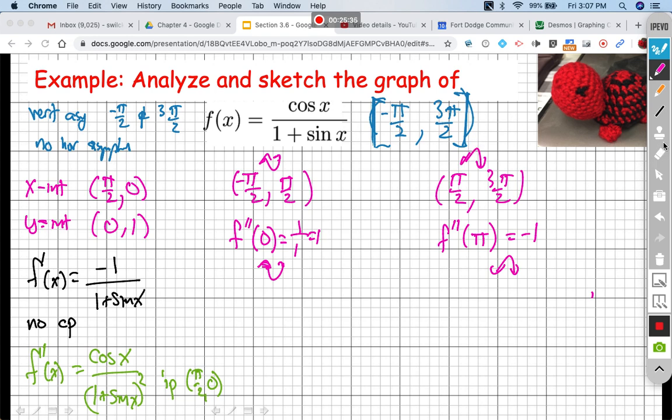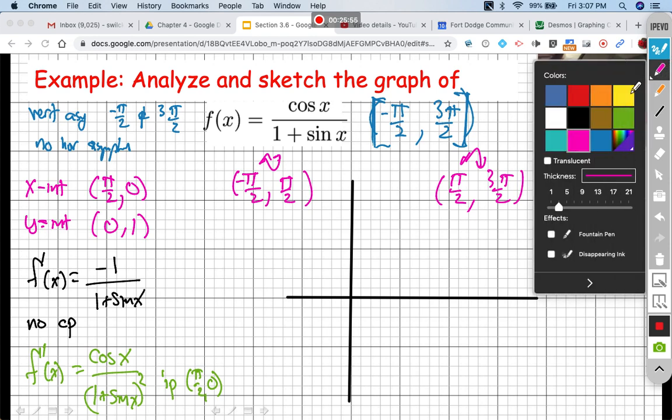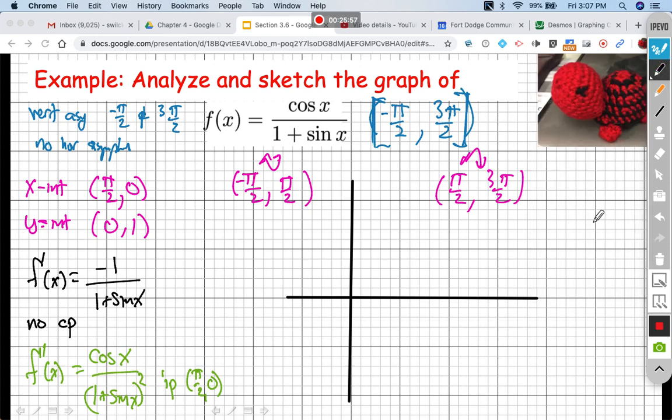Let's draw this puppy off of here. So we'll go pi over 2, pi, 3 pi over 2.